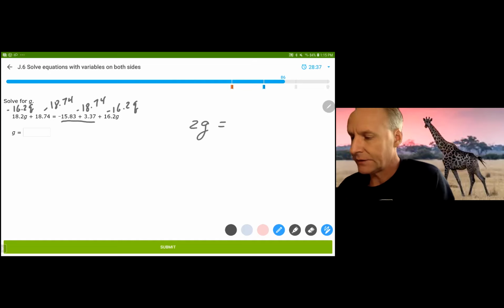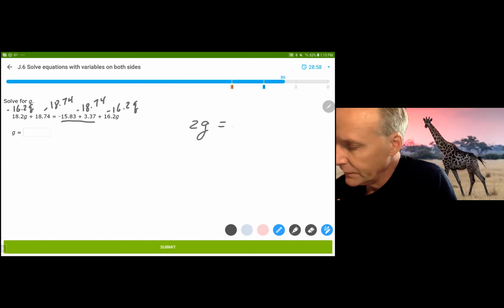And if I'm using the calculator, it isn't such a bad thing to just put all the numbers together there. So I have negative 15.83 plus negative 18.74 plus a positive 3.37, negative 31.2.